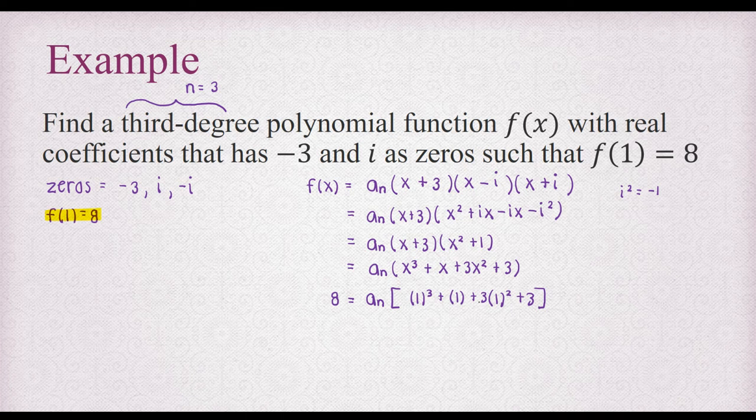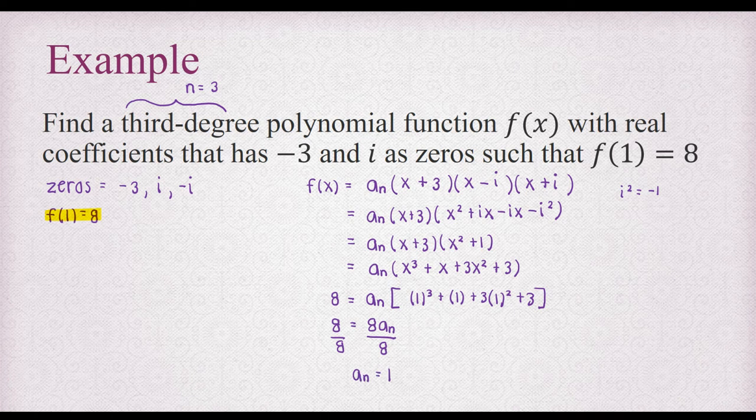Add 1, we'll get 2. 1 squared is 1 multiplied by 3. So we'll have 1 plus 1 plus 3 plus 3. That's going to give me 8. And so a sub n is being multiplied by 8, which gives me 8 a sub n. The last step is to divide by 8. And I now know that my lead coefficient is actually a +1.